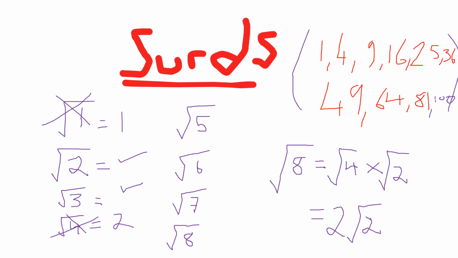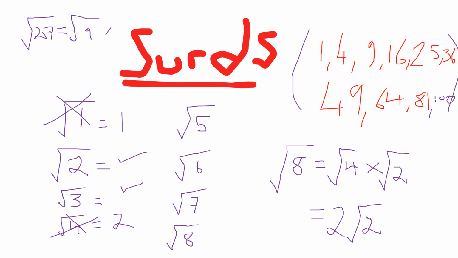Let us try another one here. Let's say I want to simplify root 27. Again, we are looking for the highest square number factor that goes into it. That'll be the square root of 9 and the square root of 3.